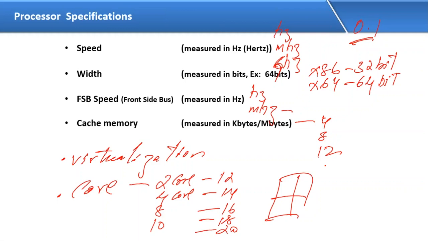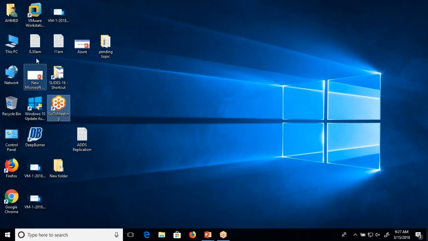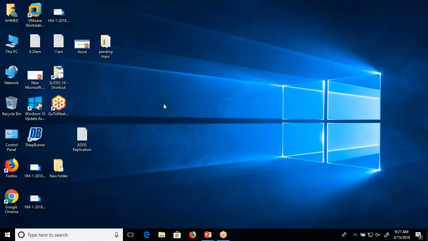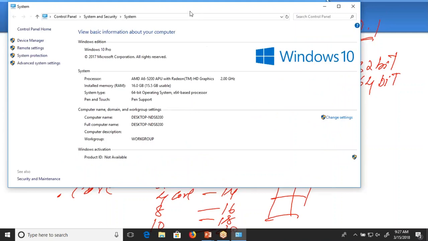Is it done, everyone? Okay. The next is very important. So how to know all this data? You can right click on the PC icon on your desktop, go to properties, and you can see it. There are two companies, one is Intel and one is AMD.